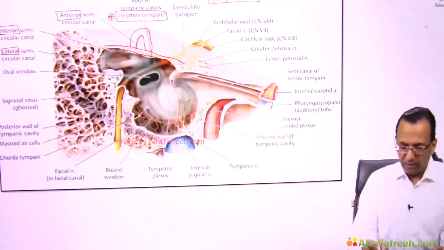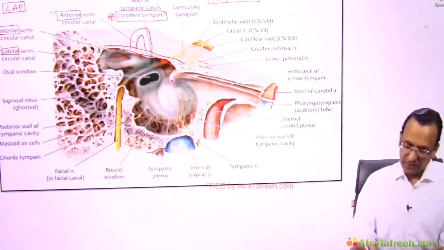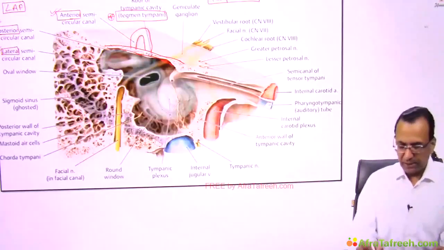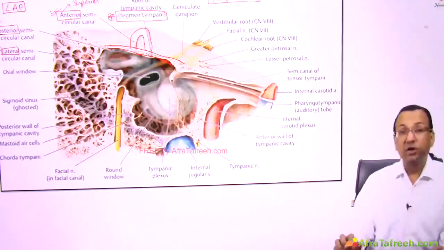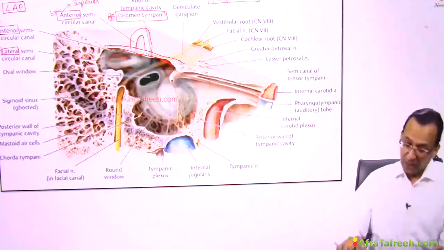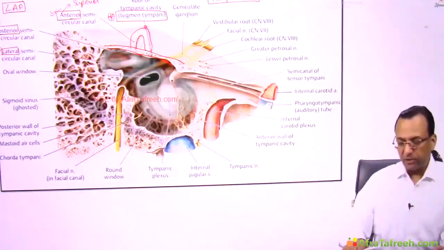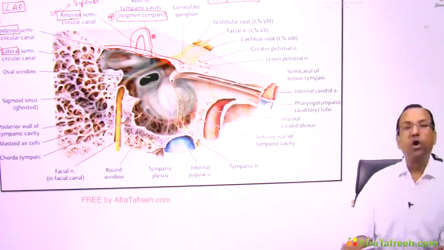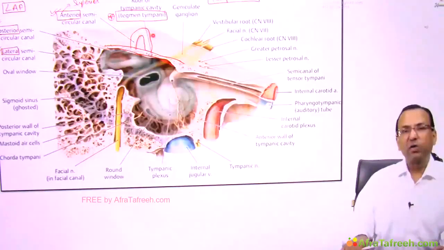We can remember them as LAP: L for lateral, A for anterior, and P for posterior. LAP semicircular canals. But as I'm suggesting, anterior is also called superior because of its orientation. Now this anterior or superior semicircular canal is producing some eminence at the floor of the cranial cavity, and that is called arcuate eminence.